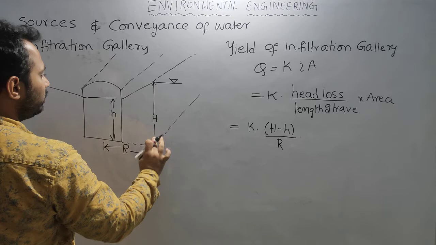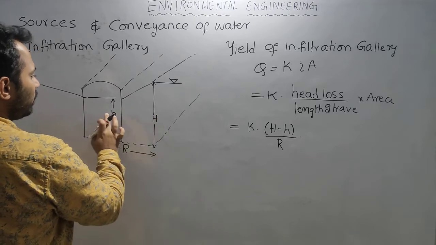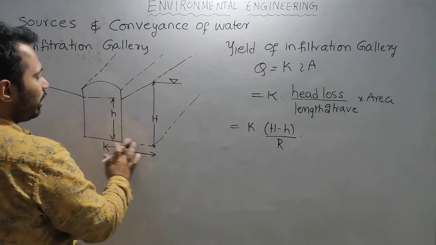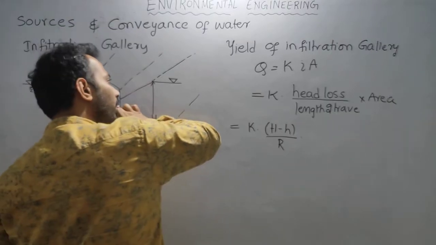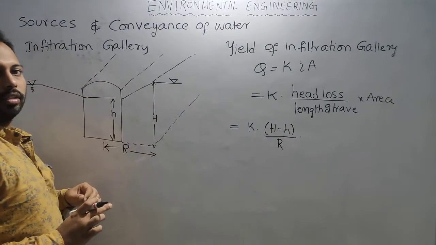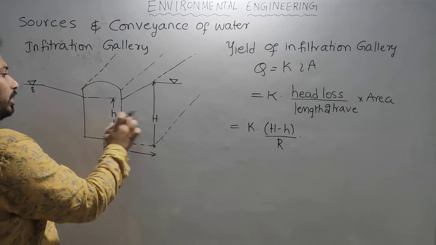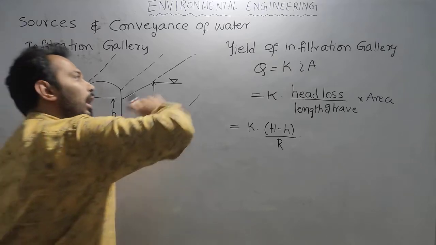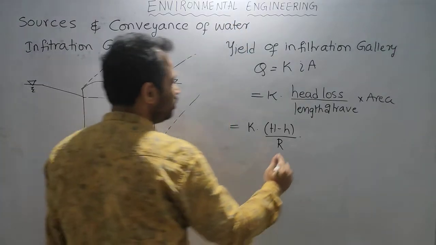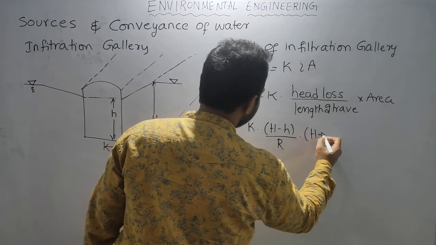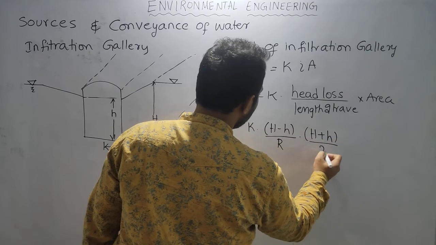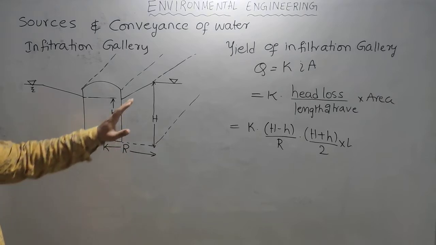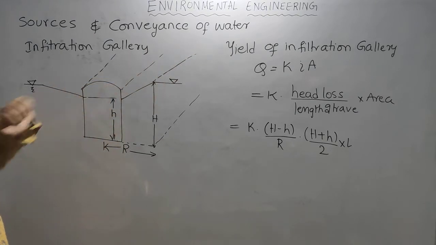(H1 plus H2) by 2 is the area of this, and multiply with the length. So (H1 plus H2) by 2 into L, the length of the infiltration gallery. This is the area of the total water which is coming in.